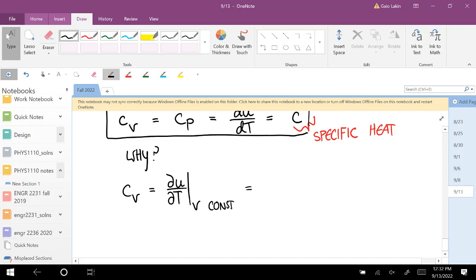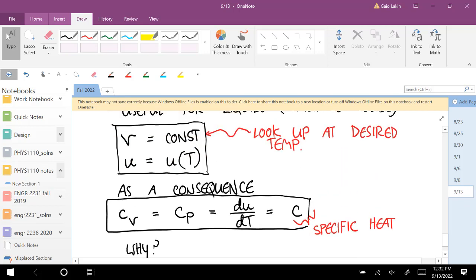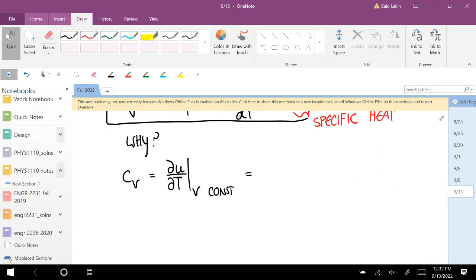But u doesn't vary with anything except temperature. That's one of the two definitions of this model. And so this immediately just becomes du/dT, because u is u of temperature.